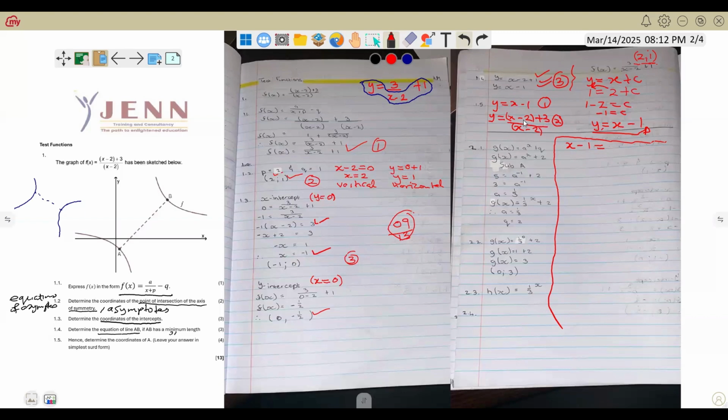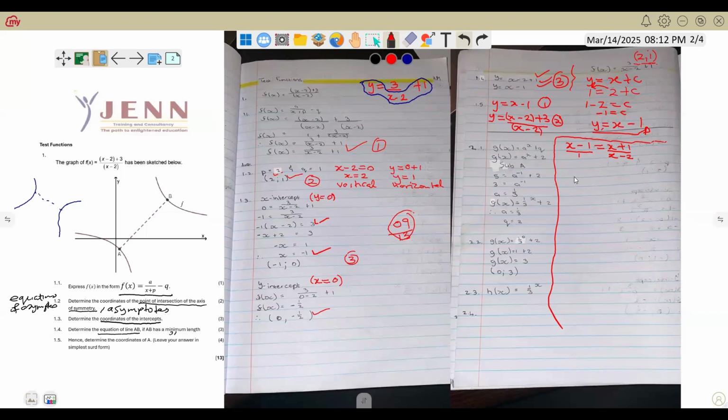Plus 1. So x plus 1. So we have x plus 1 over x minus 2. Is that clear? Yes, sir. And take note, this first expression x minus 1 can be written as over 1, because on the other side you have a fraction. It's easy if we put it also as a fraction so that we cross multiply. Is that clear?